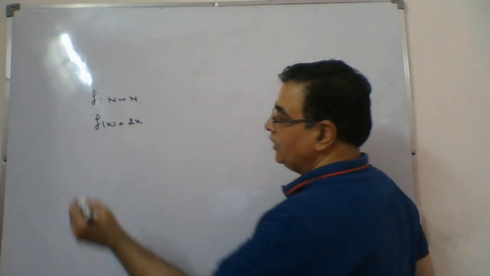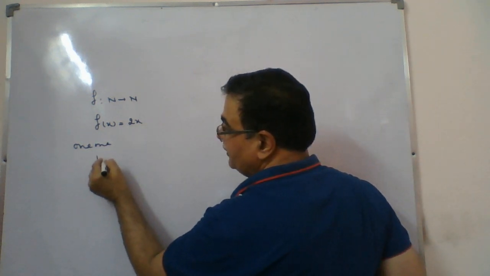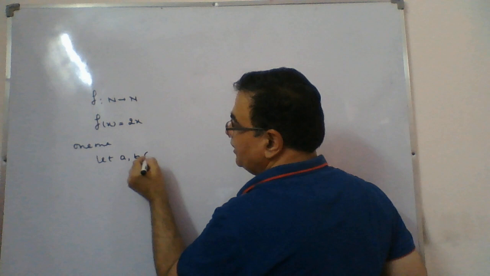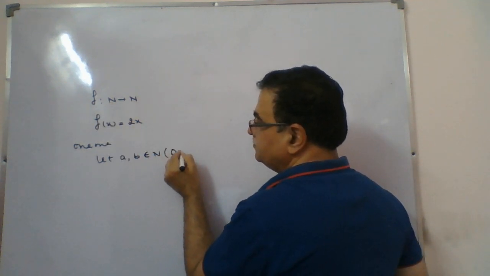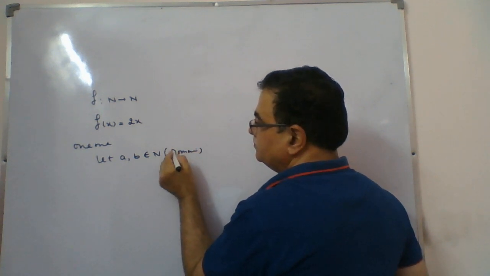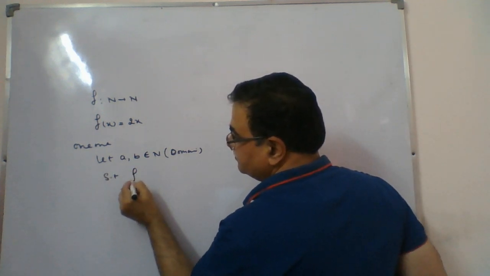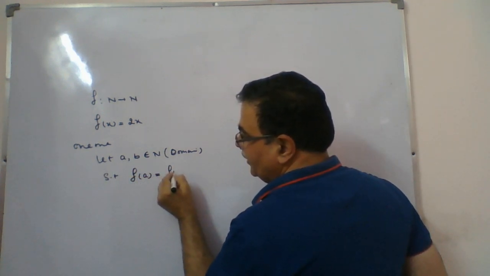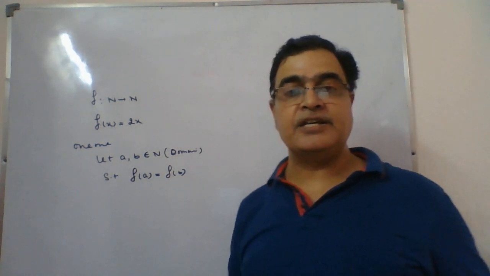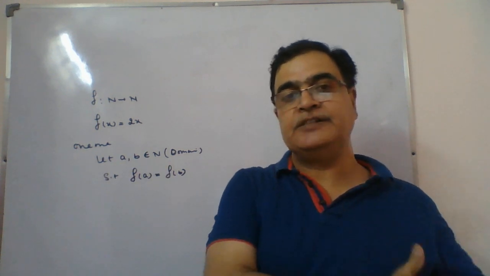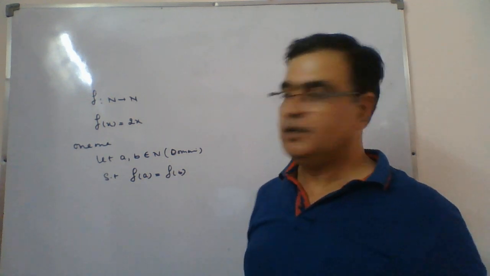Whenever we start with one-one function, we should start with: let a and b belonging to the domain N be two elements such that f(a) is equal to f(b). I told this definition: when one-one is there, I take f(a) equal to f(b) and show a is equal to b. Or I take a not equal to b, then f(a) is not equal to f(b). But we'll take this case.